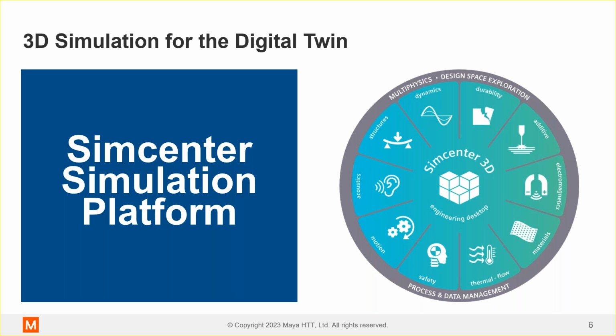This covers everything from electromagnetics and thermals that we'll talk about today, acoustics and structures, dynamics, etc. You can see all of that on this slide. It also covers things like automation, 1D and system simulation, and other such areas.